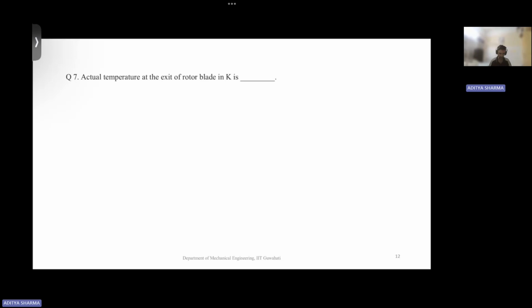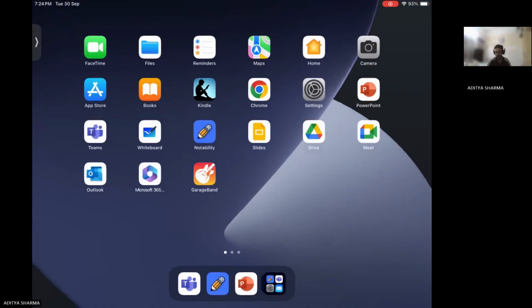First is the actual temperature at the exit of the rotor blade in Kelvin. Let's find out.